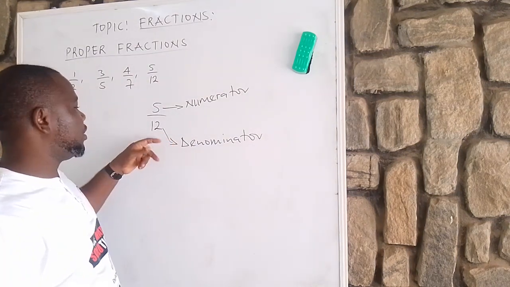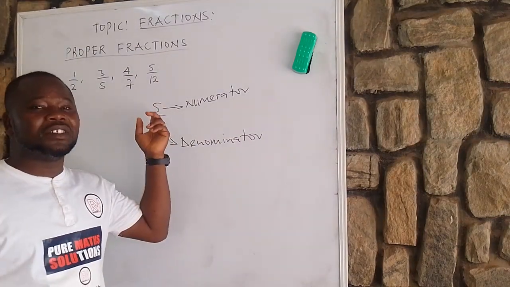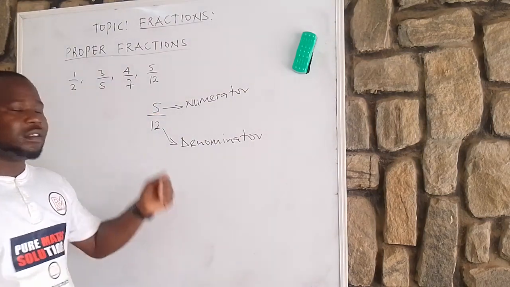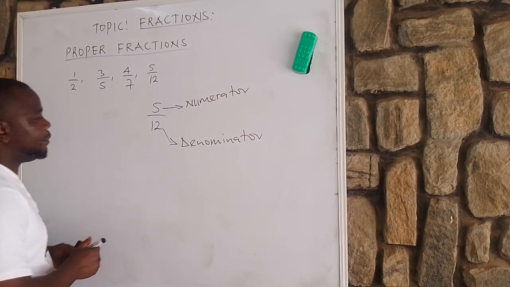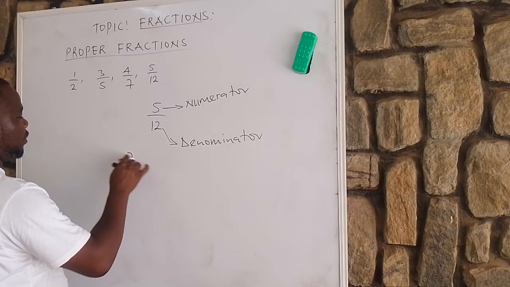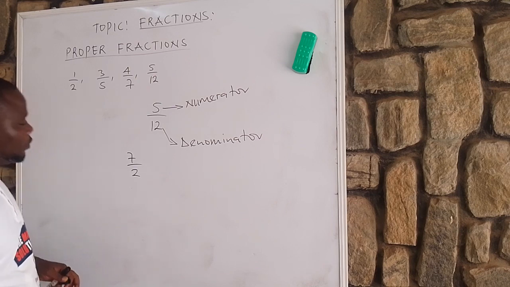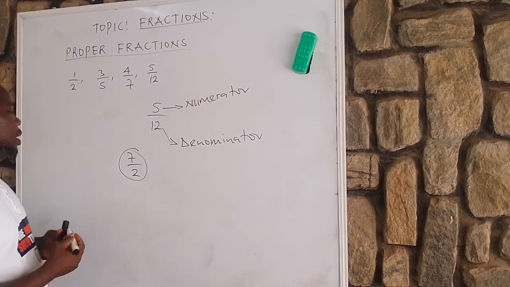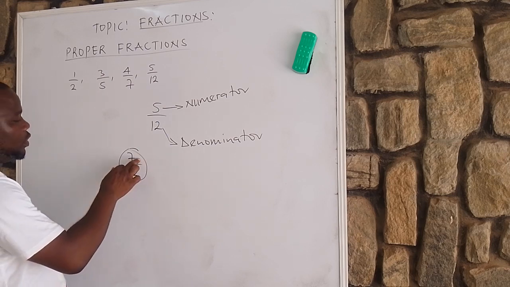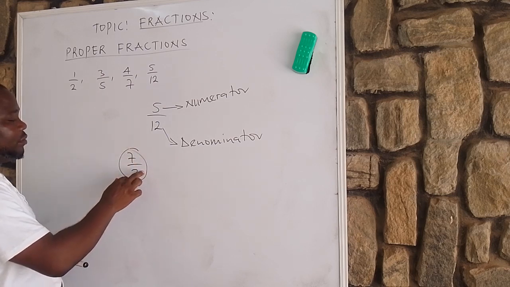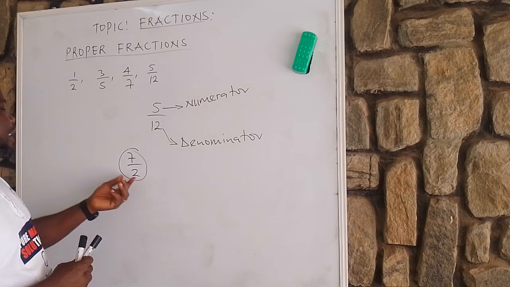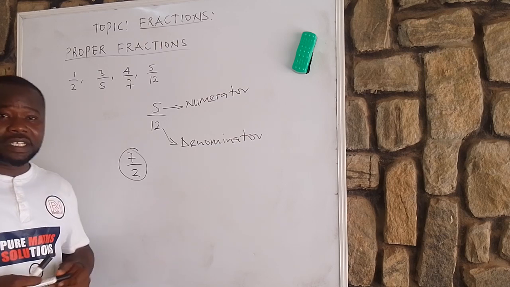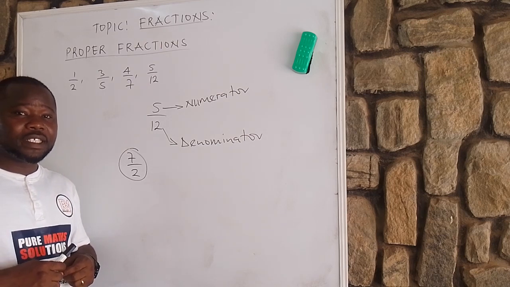That is, the denominator will always be greater than the numerator. So it is known as what? Proper fraction. So if I may ask, is this a proper fraction? No. This can never be a proper fraction, because the numerator is greater than the denominator. This is called an improper fraction. Are you following? Do you understand?